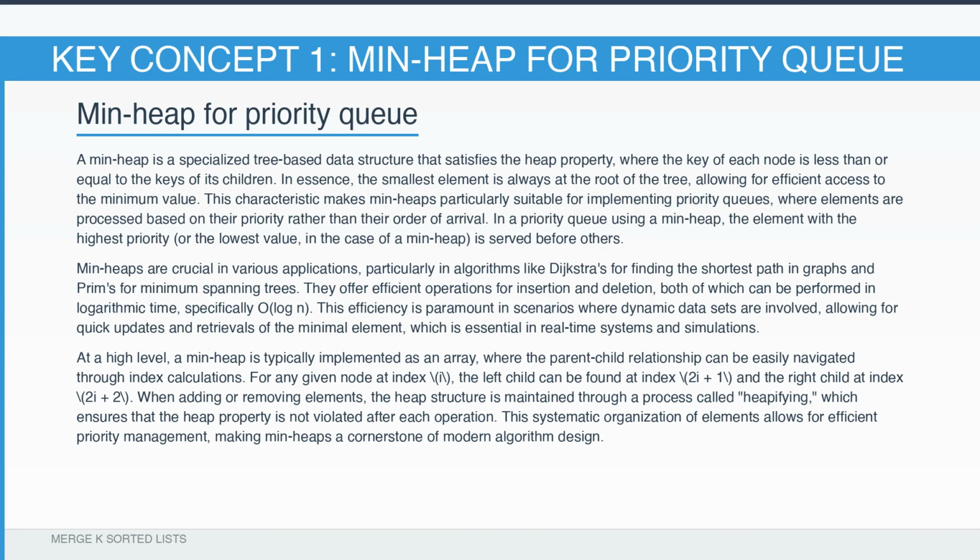For a node at index i, the left child is at 2i + 1, and the right child is at 2i + 2. When adding or removing elements, we maintain the heap structure through a process called heapifying, which ensures the min heap property remains intact. This systematic organization enables efficient priority management, making min heaps a foundational element in modern algorithm design.